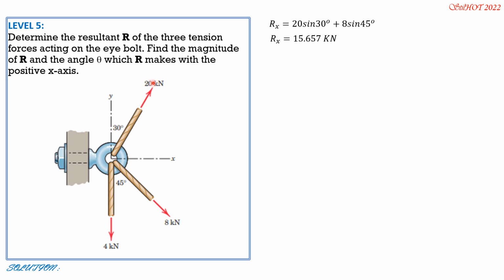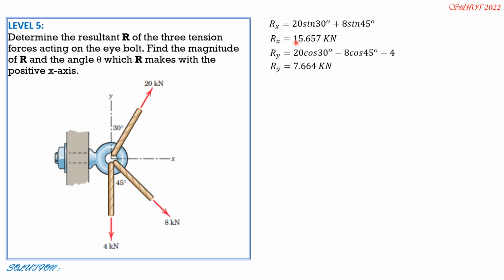Ry is 20 cosine of 30, positive, then minus 8 cosine 45, minus 4. Ry is 20 cosine of 30 minus 8 cosine 45 minus 4. So Ry is 7.664 kilonewtons.